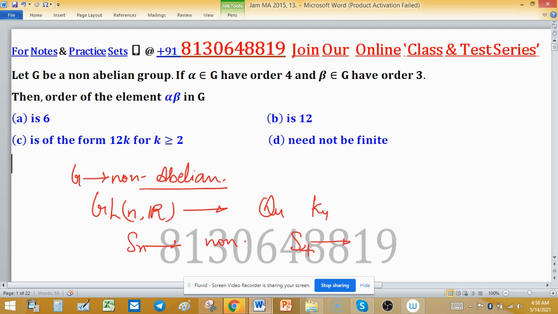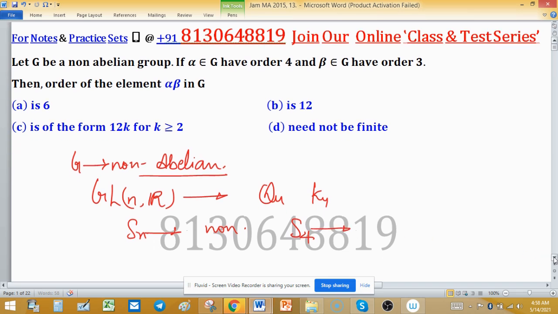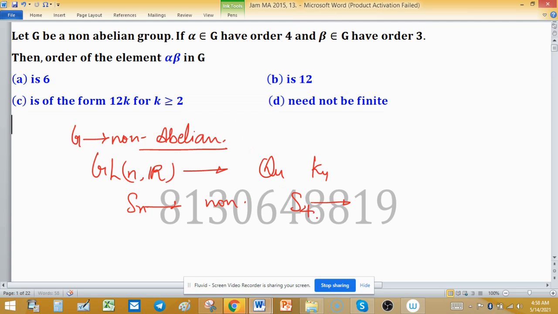So S4 is a non-abelian group, and alpha is an element of S4. Suppose alpha is (1 2 3 4), and we know that the order of alpha is 4. How?